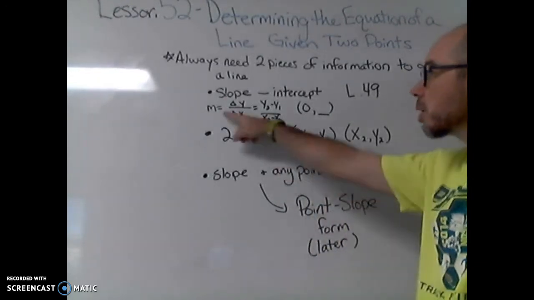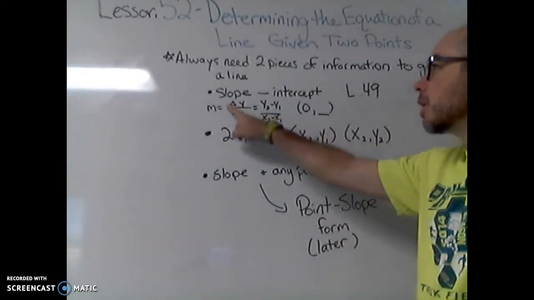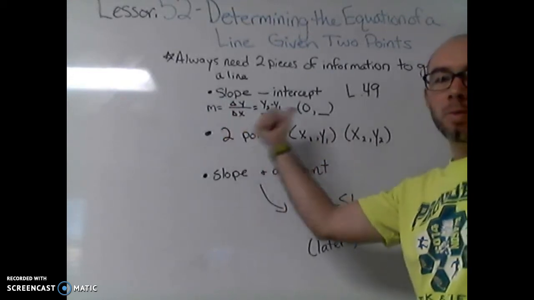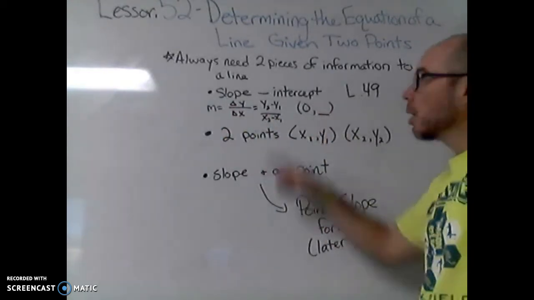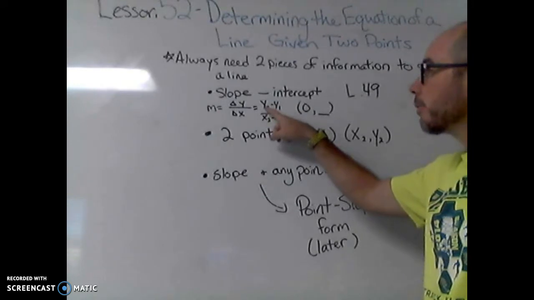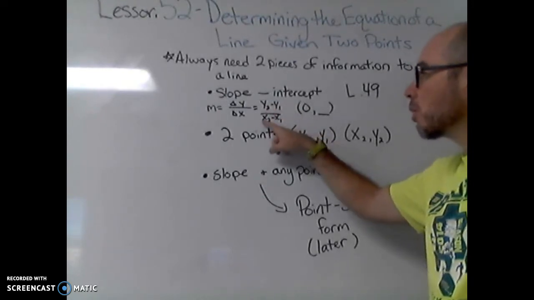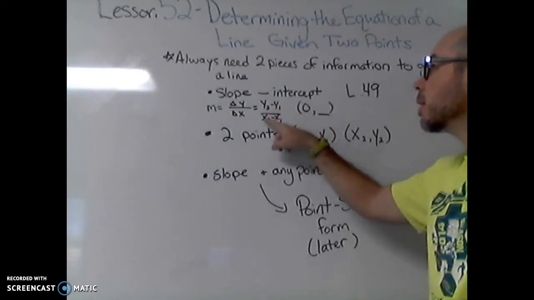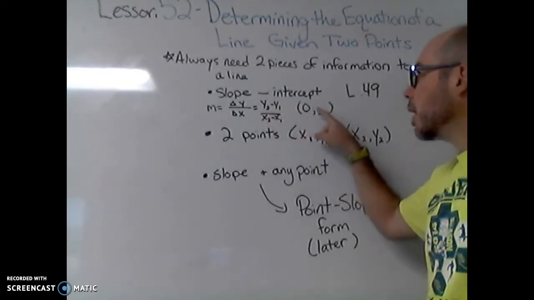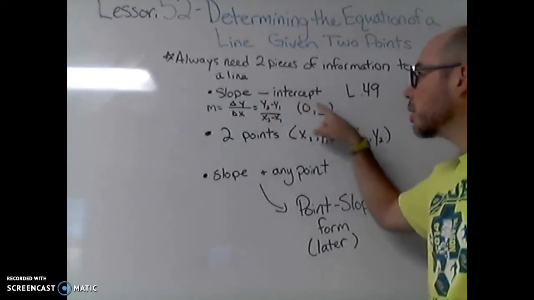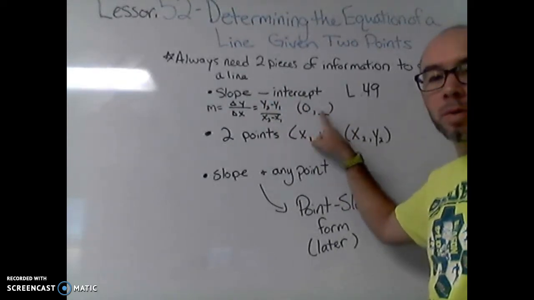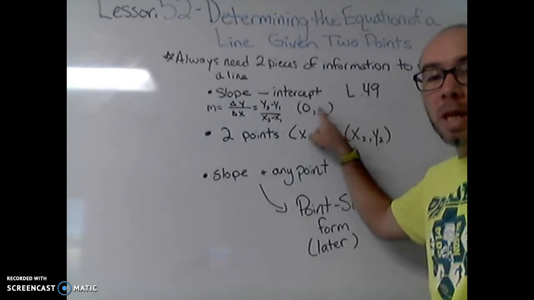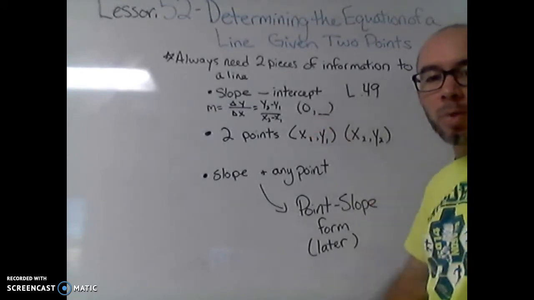Slope is the change in y and the change in x as we read the graph from left to right, or the more formal equation y2 minus y1 over x2 minus x1. Then our intercept is b.